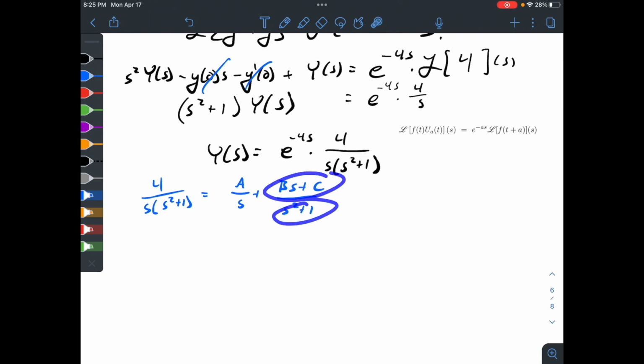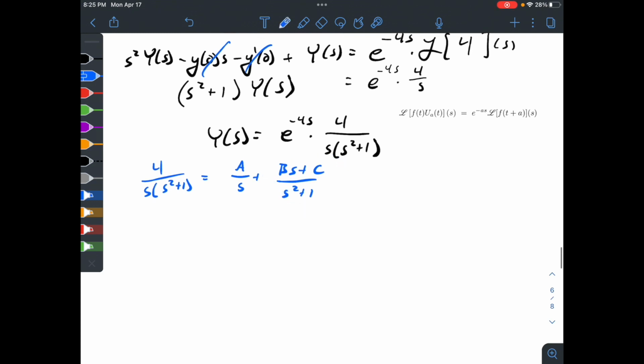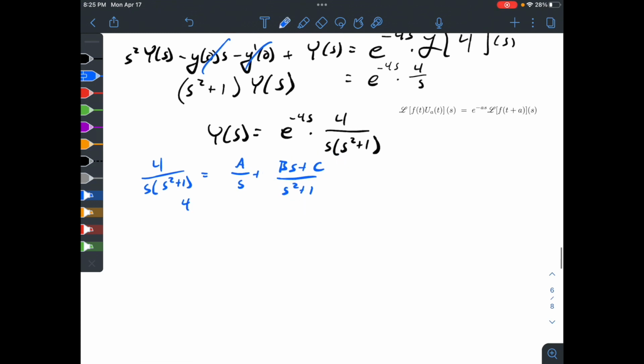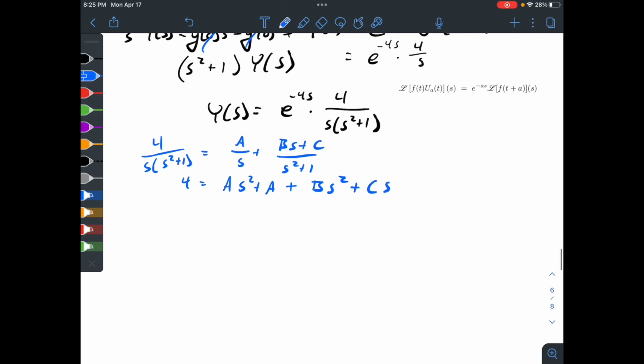Remember, this is a degree 2 thing, so we need a degree 1 thing on the top. So we get 4 is equal to A times s squared plus 1. I'll just distribute right away. Plus Bs plus C all times s. So I'm just multiplying everything by this denominator on the left and right hand sides.